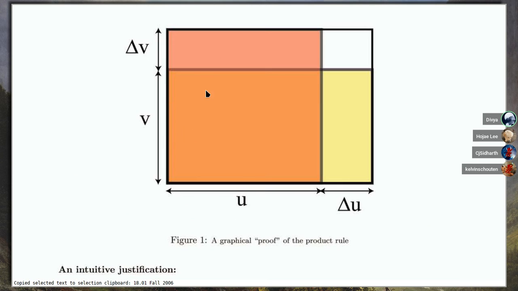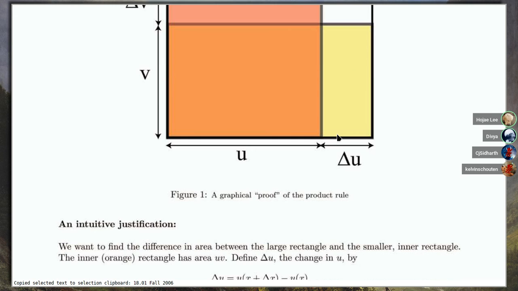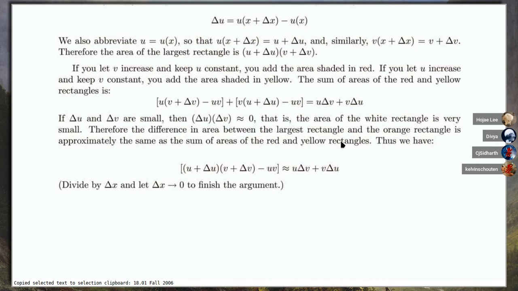So the thing is, this white rectangle, whatever it is, if your delta u and delta v are small enough, you can just ignore this part, right? So thus the whole area happens to be u delta v plus v delta u, as you would expect according to the product rule, right? And when your delta x goes to 0, you're just going to get the derivatives.